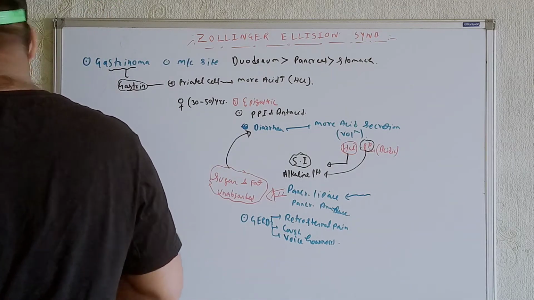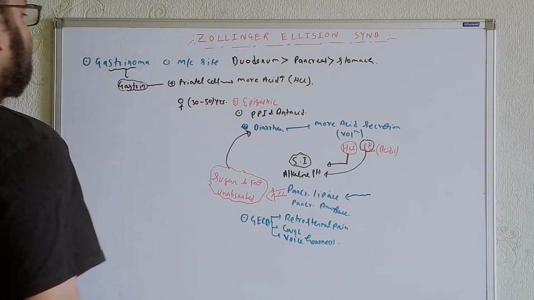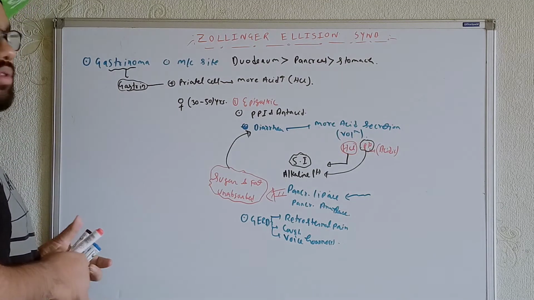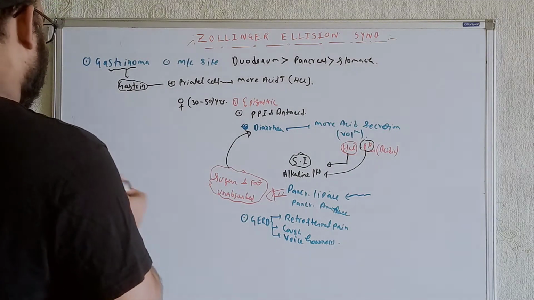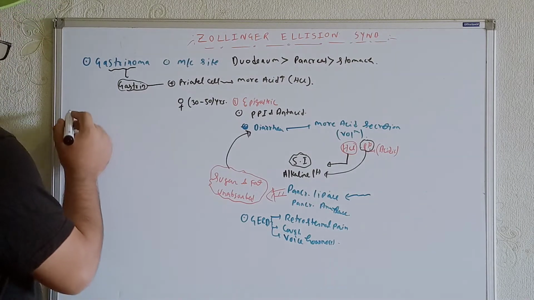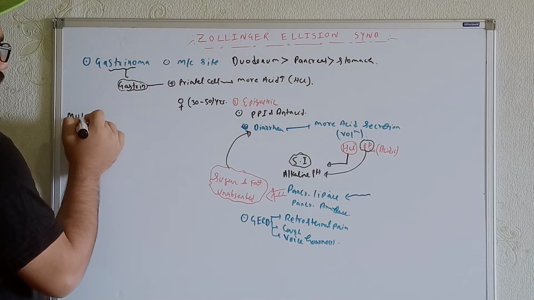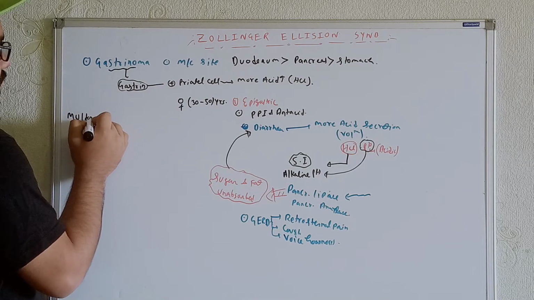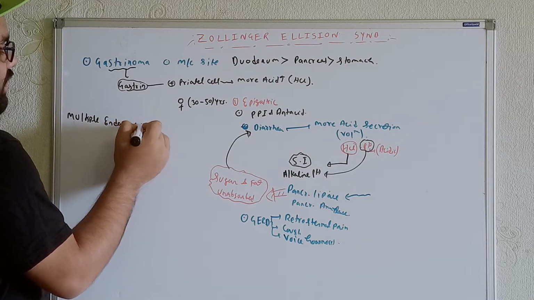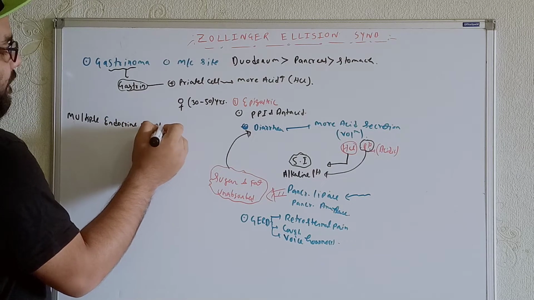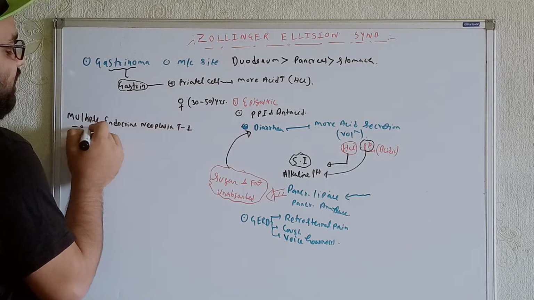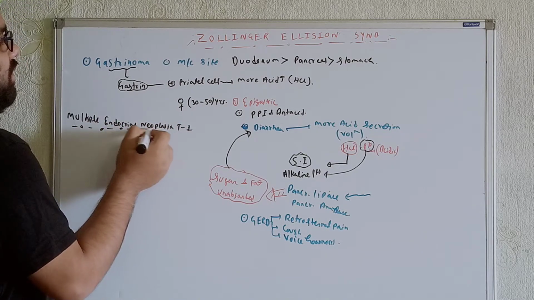Okay. Now when you are talking about gastrinoma, we have associated tumors along with this, and those are known as, okay, let's write these things over here. Multiple endocrine neoplasia type 1. Here we can get different kinds of tumors associated with the gastrinoma.